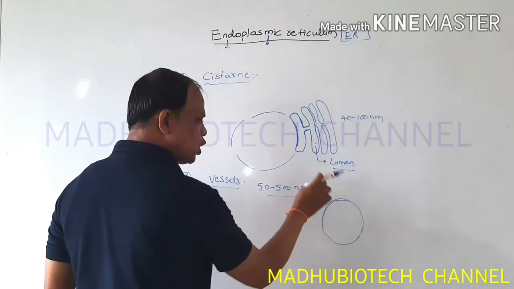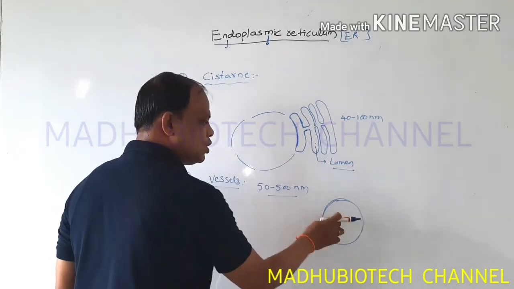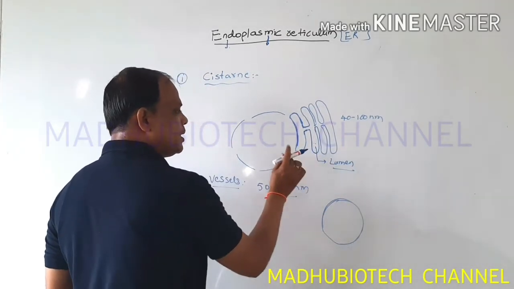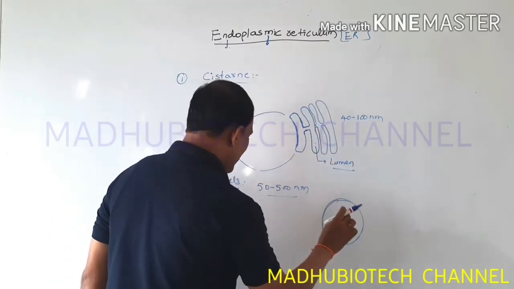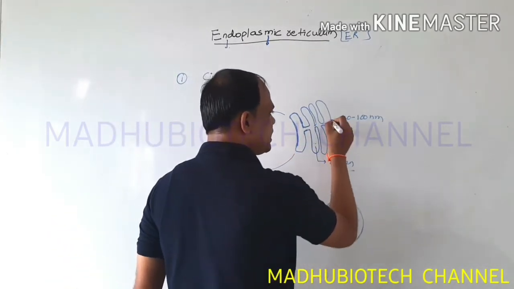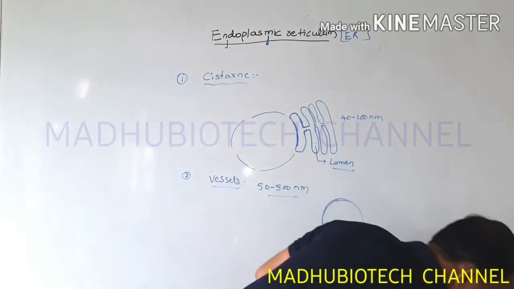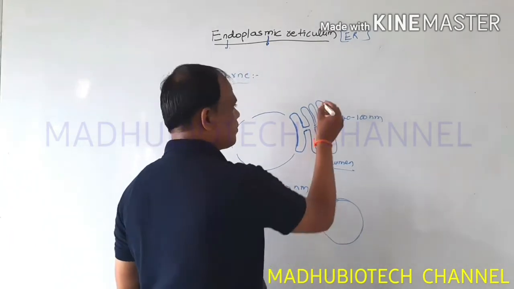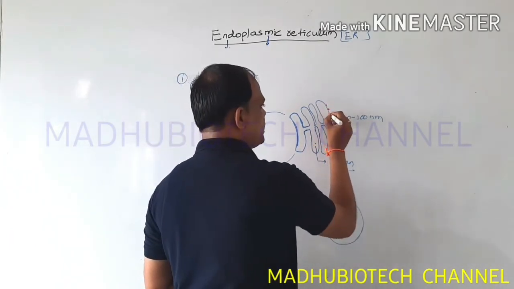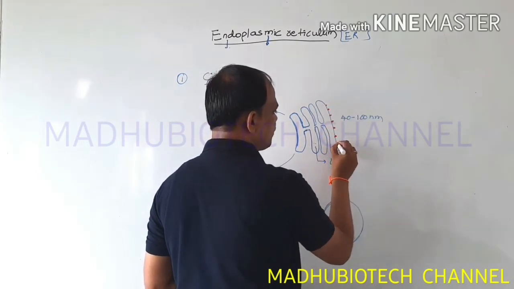They are very close to the cisternae. Here in the endoplasmic reticulum, the cisternae and vesicles can contain a number of ribosome particles.